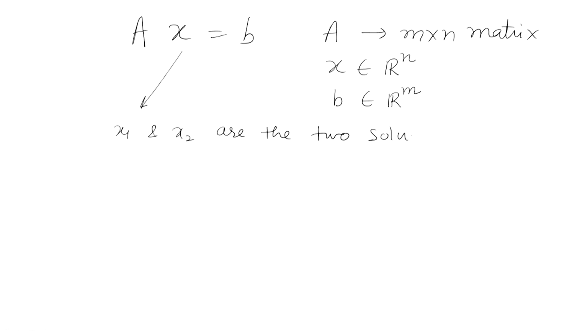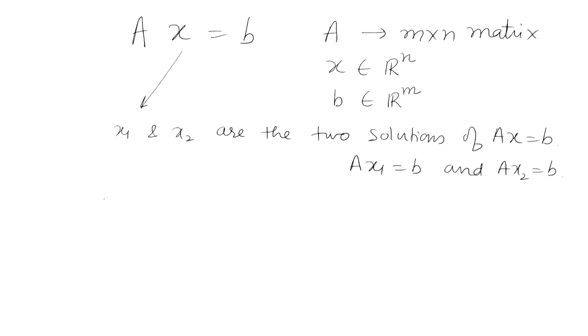Now if x1 and x2 are the two solutions of Ax equal to b, this means Ax1 equal to b and Ax2 equal to b. If it is a solution, this means it satisfies the system of equations.